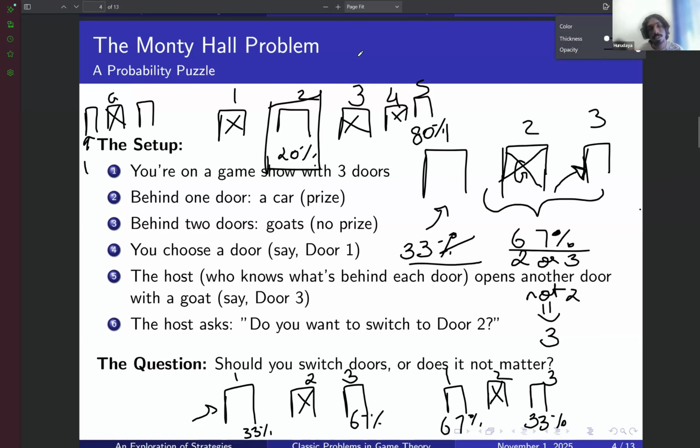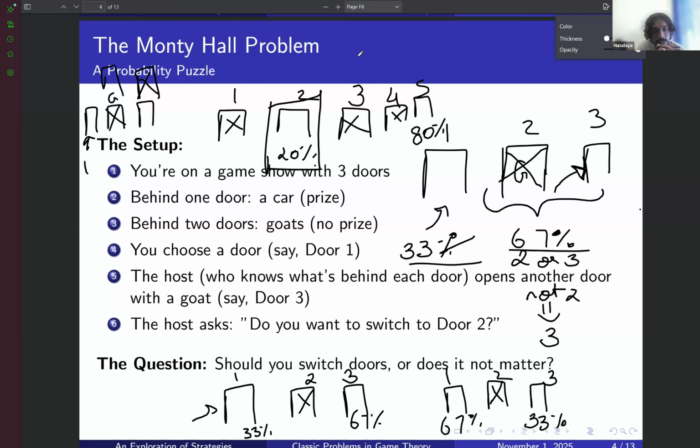The host could close this goat door, or the host could have closed this door and kept this door open. I'm assuming you know the definition of independent events in probability, which is why you're asking this. But when you consider both these cases, see if the events are still independent. Does that make sense?